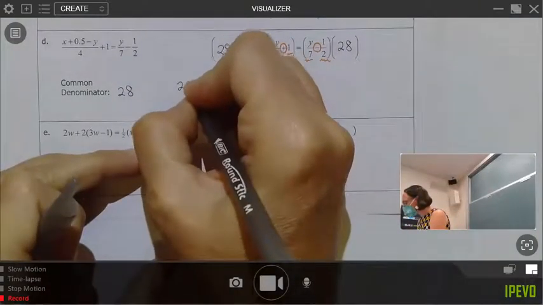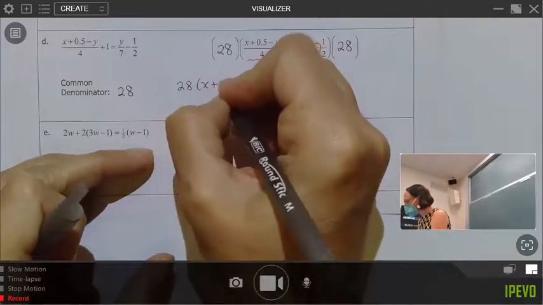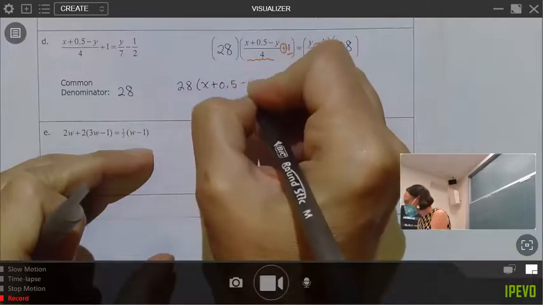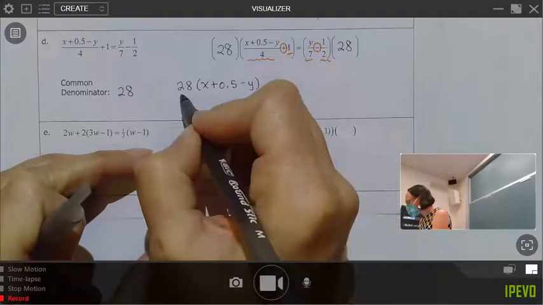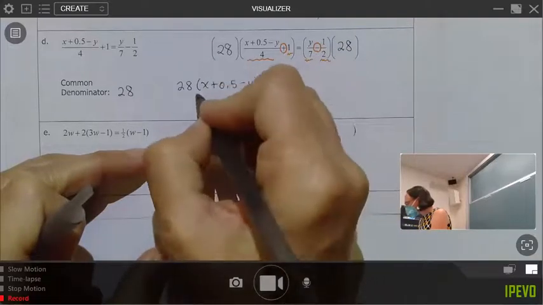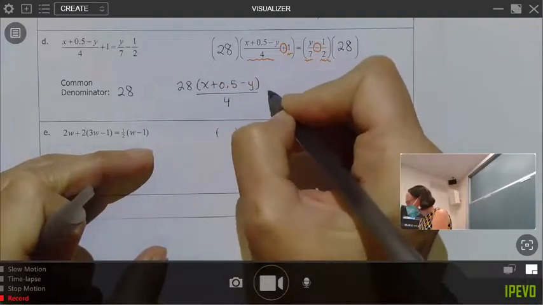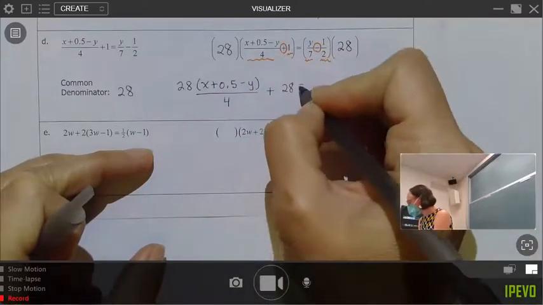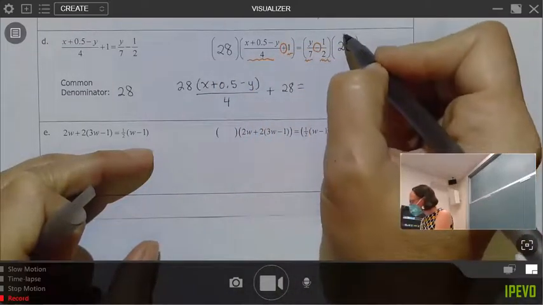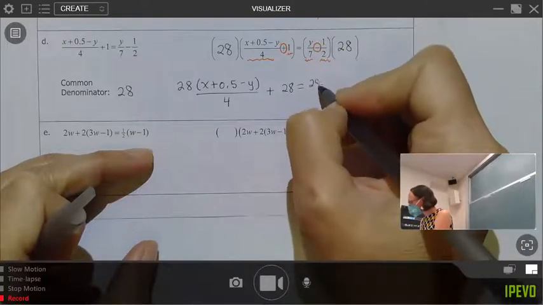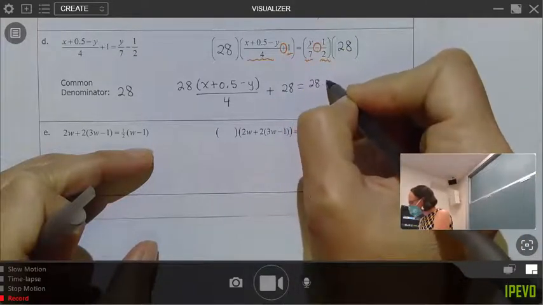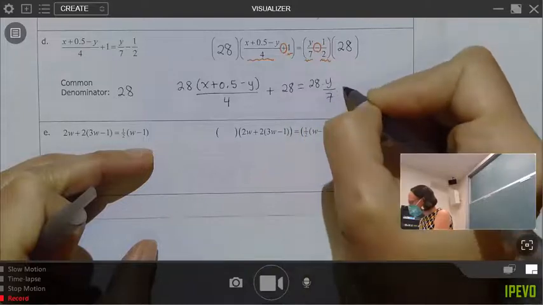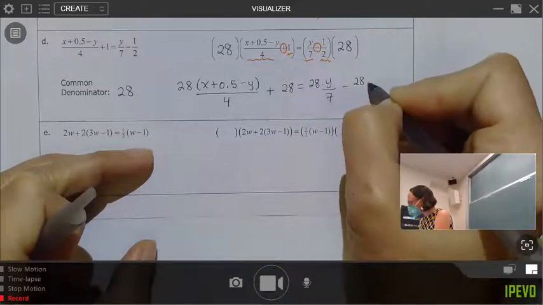So I'd have 28 times x plus 0.5 minus y, whole thing over 4 plus, well, 28 times 1 is 28. Over here on the right-hand side, when I multiply in, I'll have 28 times y over 7 minus 28 times 1/2.